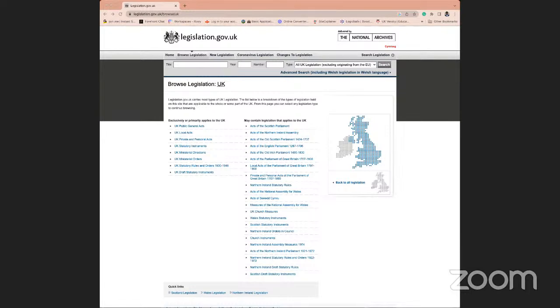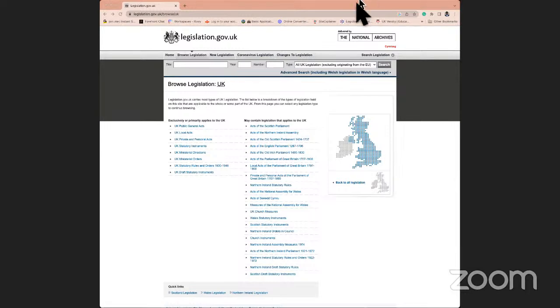Things like hands, face, space, and social distancing were terms which came out of PHE, because they are an executive agency under the Department of Health, responsible for providing national leadership and coordination on public health issues. So during the COVID pandemic, they were heavily involved in promoting and providing messages which would help in the prevention of the COVID-19 virus.